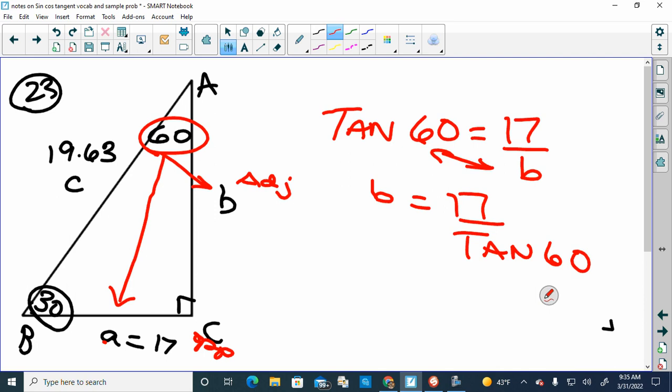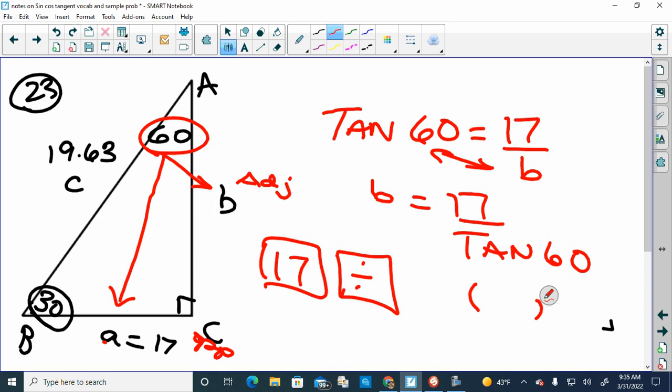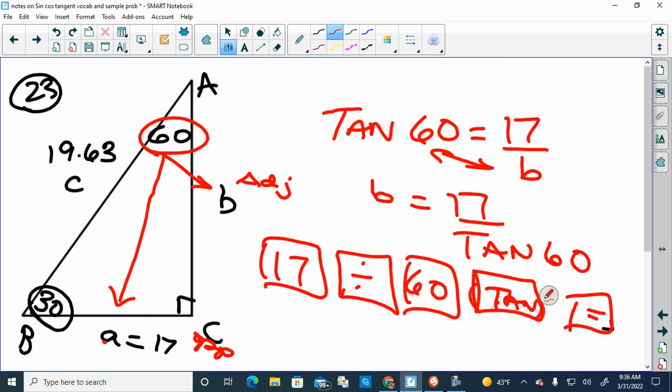Non-green and yellow calculators, you're still going to go 17 divided by, but then, because yours puts parentheses in there, you're going to hit tangent, and then it'll bring up the parentheses for you to put the 60 in. Okay, but green and yellow, we have to do the 60 and then the tangent because we don't have the parentheses. So green and yellow, 17 divided by 60 tangent, and then get your equals.